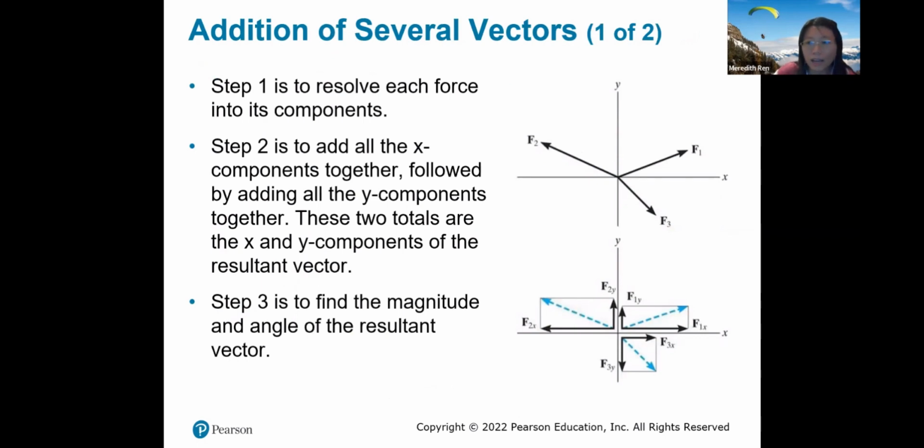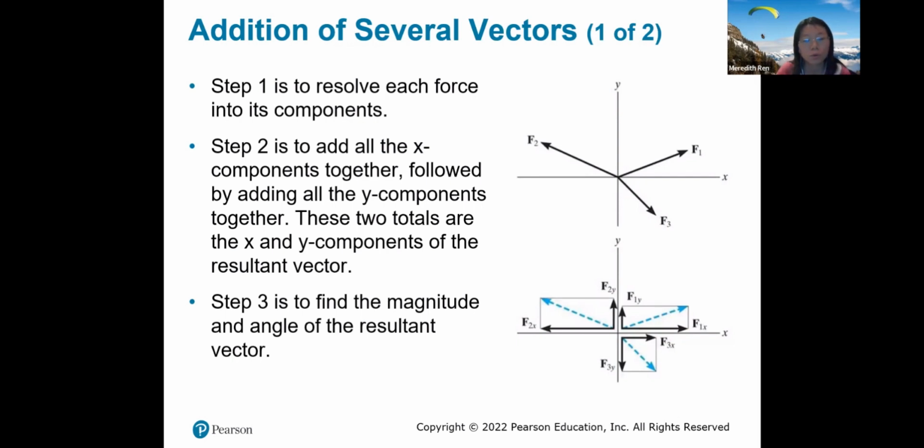If we need to add vectors together, and there are multiple, in this example, you have F1, F2, and F3. If I need to add these three vectors together, what do I do? And keep in mind that when we're adding F1, F2, and F3 together, they are not simple algebraic addition. They are vector addition.